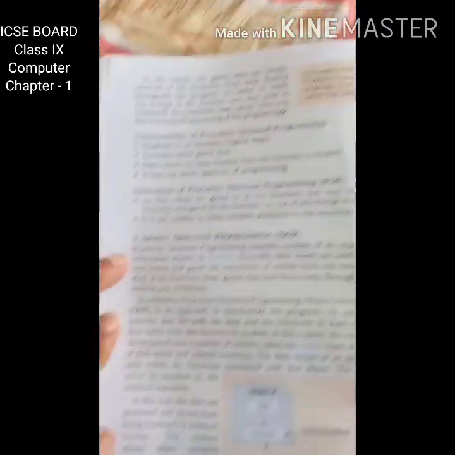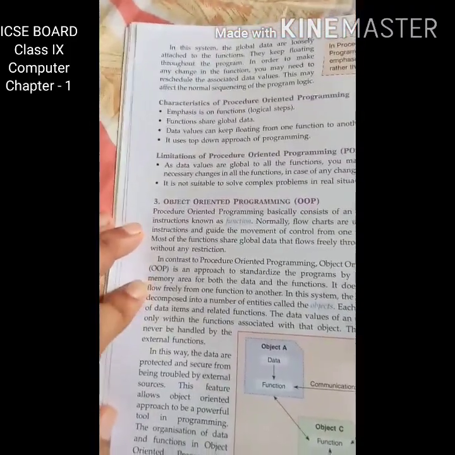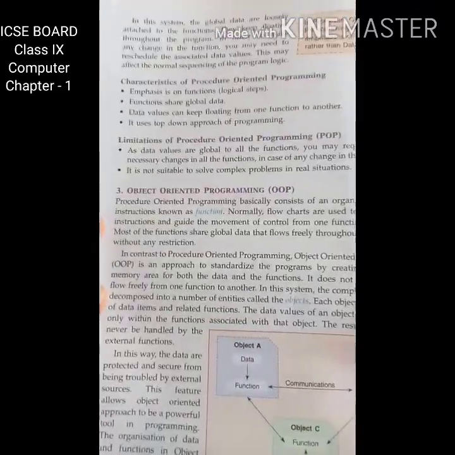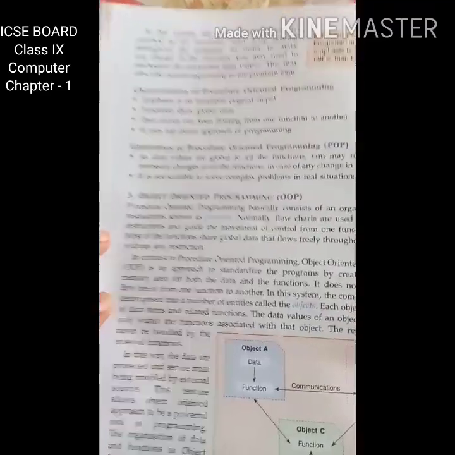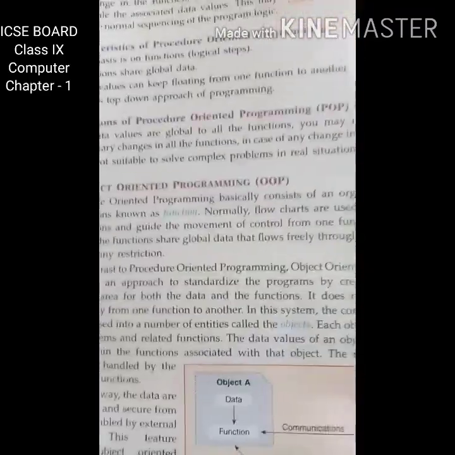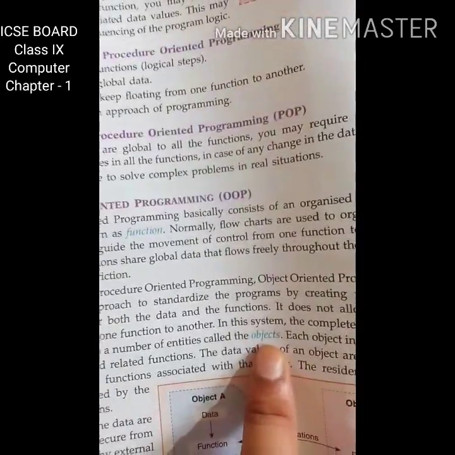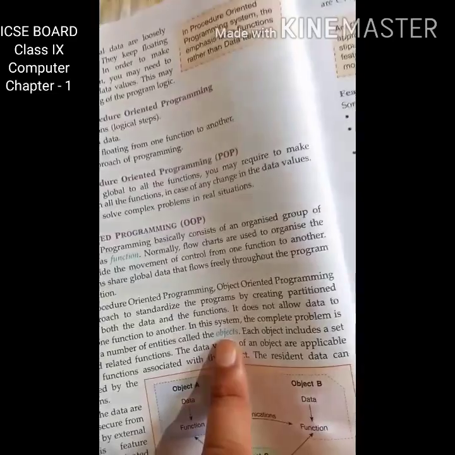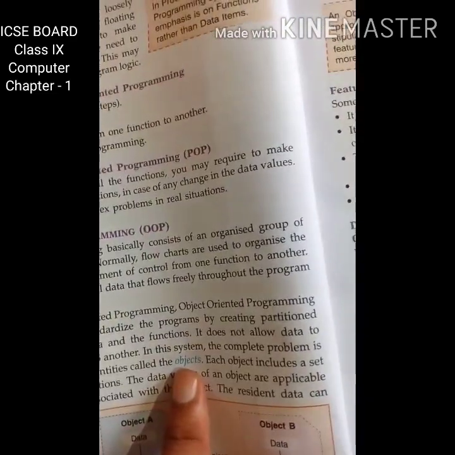But in object oriented programming, it is an approach to standardize programs by creating a partitioned memory area for both data and functions. And here the main emphasis we give is on the object instead of the function.